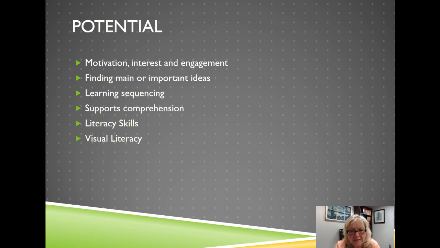So if this engages them, I say go for it, especially when there are so many fascinating topics that you can cover with graphic novels. It helps them find main or important ideas. Because of the way it's set up, you can learn sequencing through the text. If we looked at the ballerina, looking at things happening in a sequence through following the pictures.